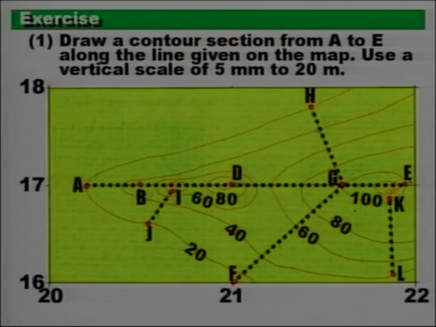Okay, do the horizontal distance, calculate the horizontal distance along the points A to E, and give your answer to the nearest 100 meters.